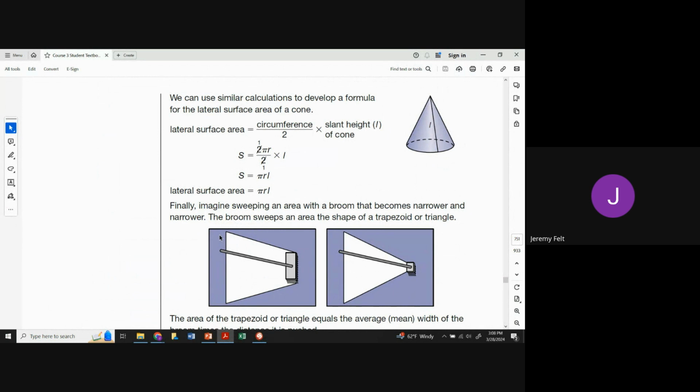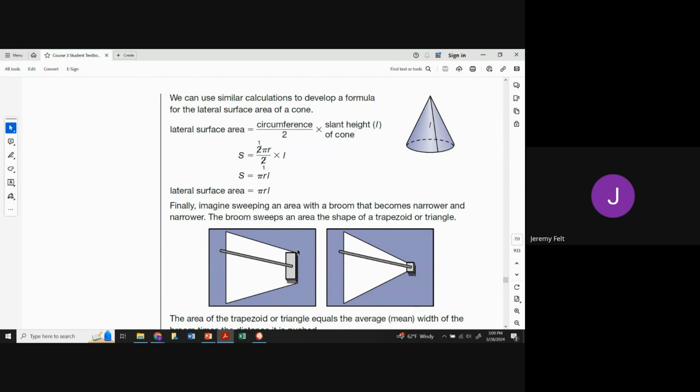We can use similar calculations. So again, this is just bringing it all home, talking about the sweep and the slant height. Our broom, as we know, can't get smaller, but if we're thinking about it as an average and getting smaller, it's going to be the average of the radius and whatever size the broom head is. That's going to give us the number that we have.